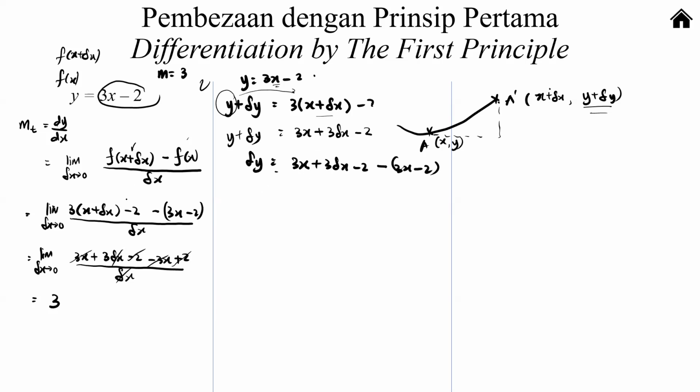Open up the bracket: 3x plus 3 delta x minus 2 minus 3x plus 2. You are left with 3 delta x.